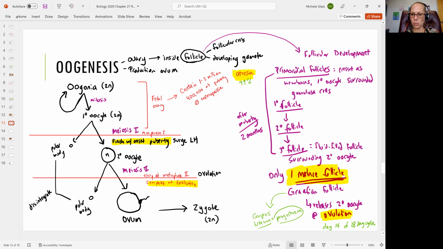When we talk about that mature follicle and we're getting to ovulation, we're also going to see that that mature follicle is also going to be releasing estrogen. And again, we're going to talk about these hormones as we go through a little bit more detail.